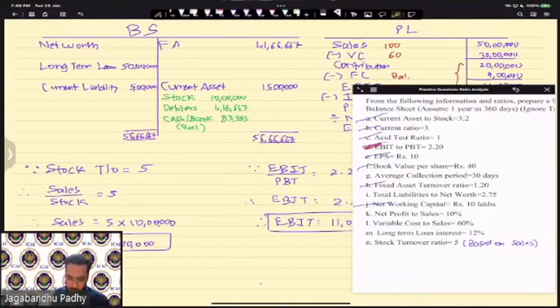And then finally, we can have this balancing figure as 1,66,667, right?